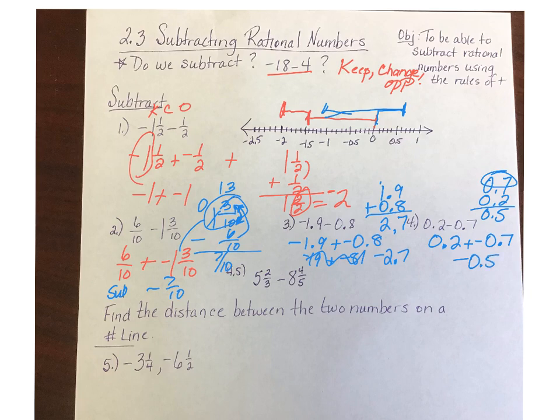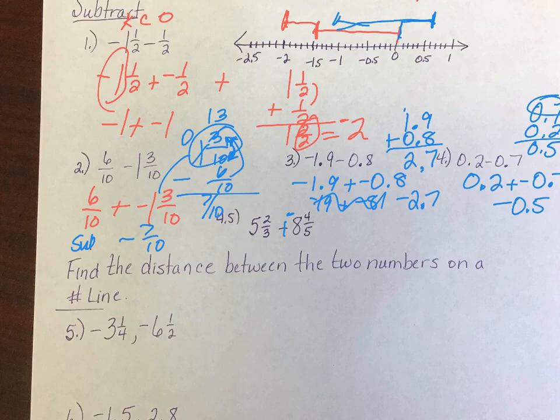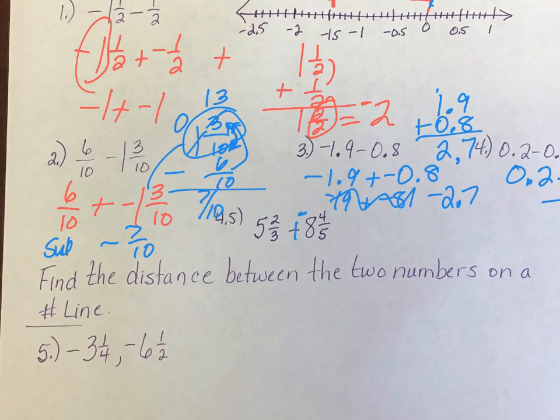Look at number 5. Okay, I'm going to keep, change, opposite, and look at this. If it was really 5 2/3 plus negative 8 4/5, if it was really 5 plus negative 8, what would I really be doing? I would be subtracting them, wouldn't I? Drop the signs, absolute value. I'm going to put 8 4/5 minus 5 2/3. I gotta get a common denominator between 5 and 3.